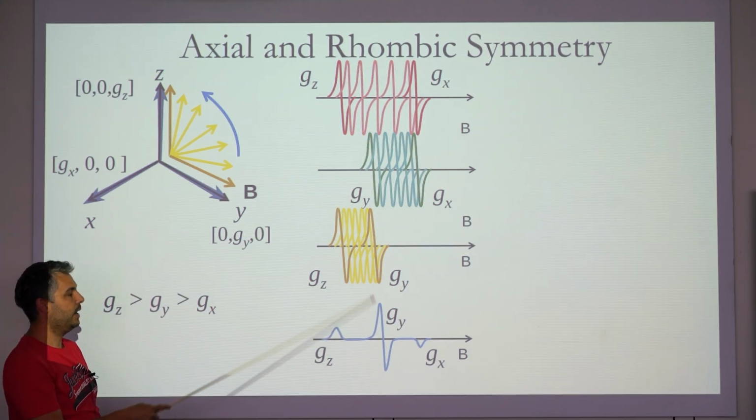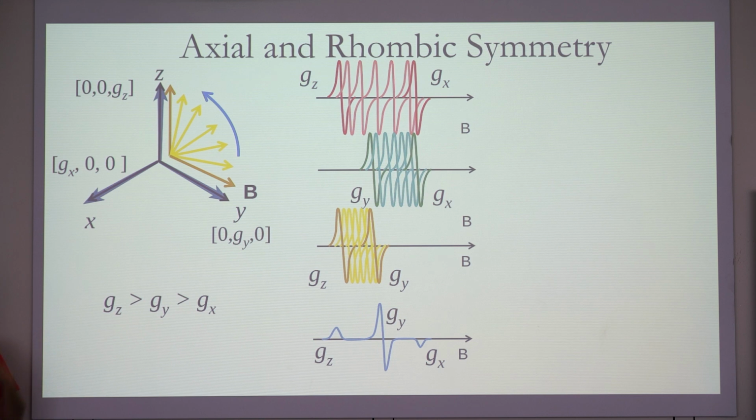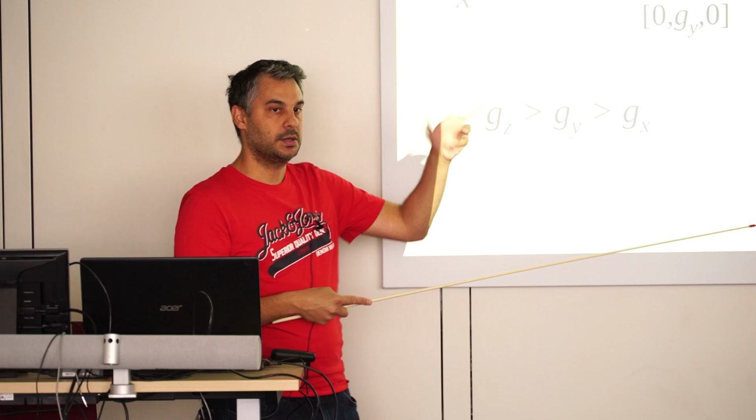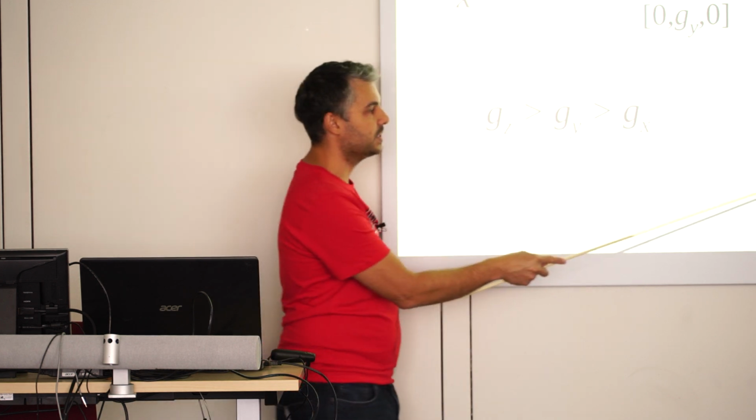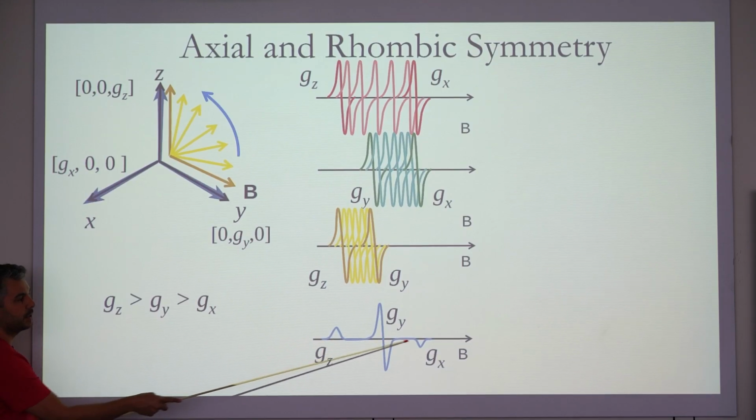This has a higher weight, and you see it much more intense than the other. That's what is called a rhombic spectrum. So you have 3 different G values, and it looks more or less like this. Yours always looks like this, but maybe the X, Y, and Z labels are written differently. This can be closer to this side, or closer to that side.